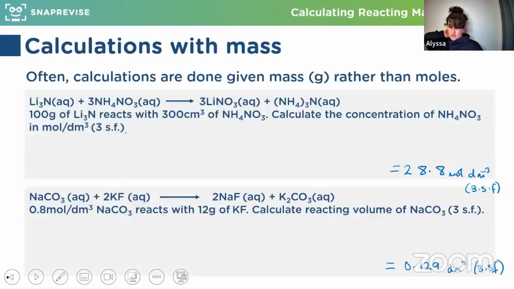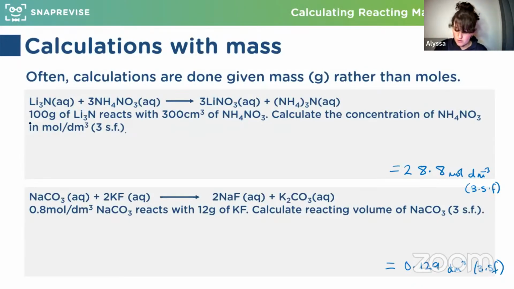There's nearly always something that's got either a molar mass, so you can work out the molar mass using the periodic table, or they've already given you moles and a mass. So here we've got a mass of LiN3, and we've got a volume of ammonium nitrate.